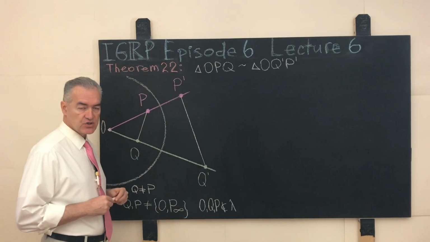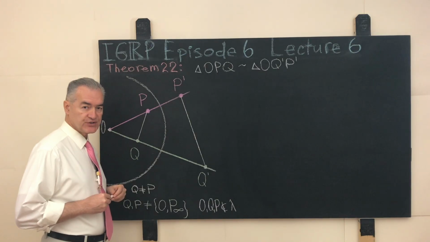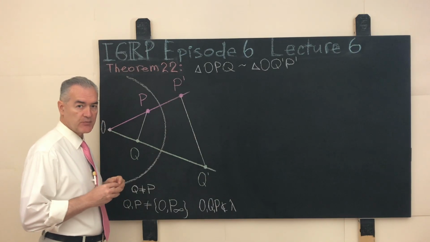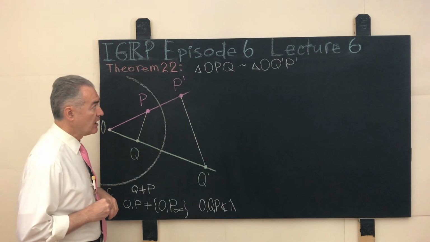Then, under these conditions, the following triangles, the names of the vertices of which are important and cannot be changed, are similar.